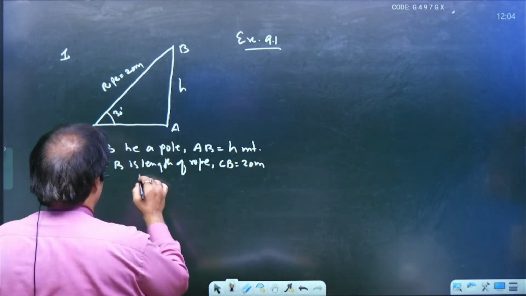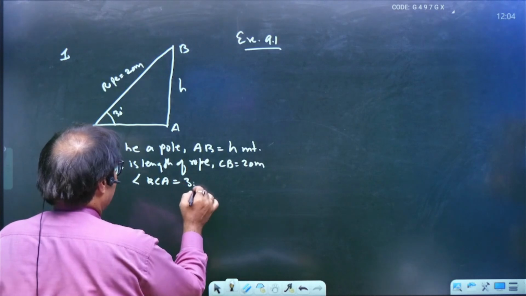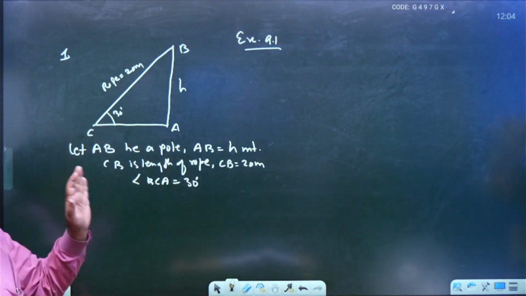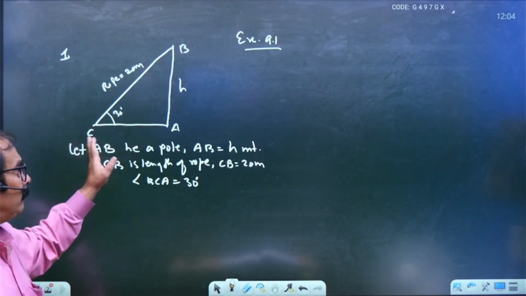This is given, and angle BCA is equal to 30 degrees. So this much is analysis: whatever figure we have drawn, we have to write about the figure.